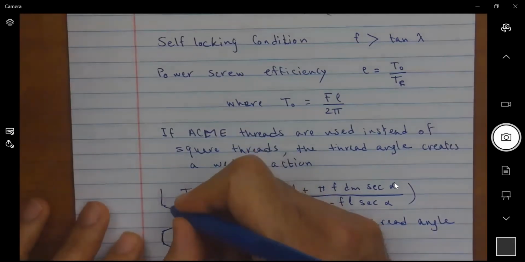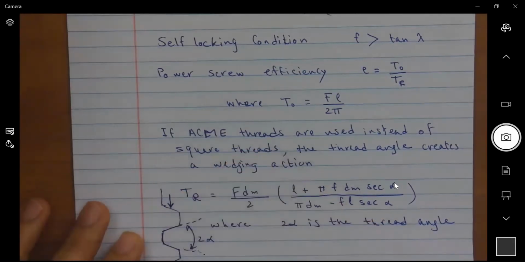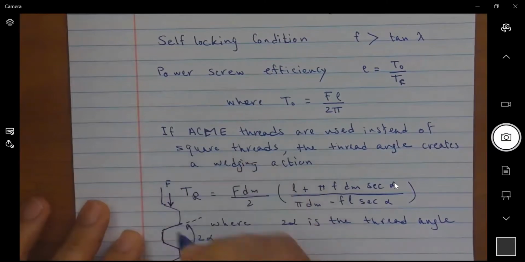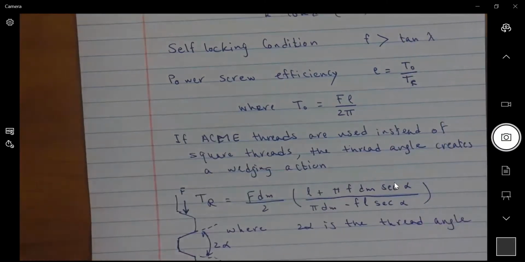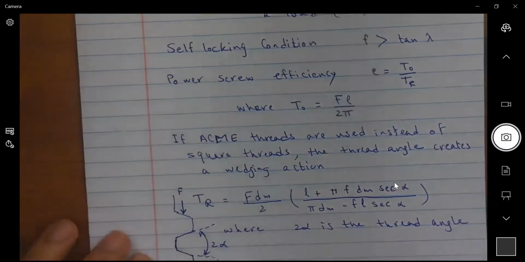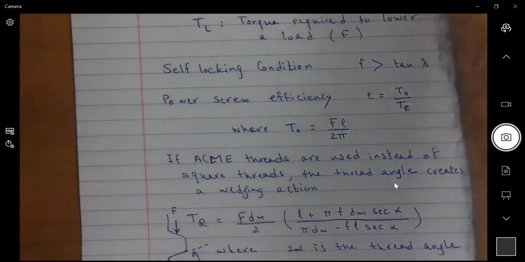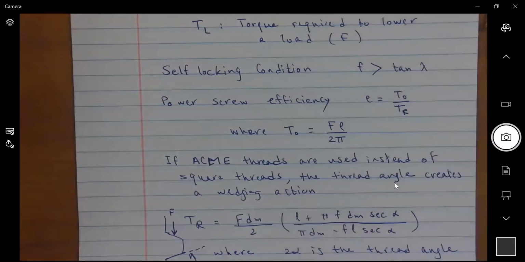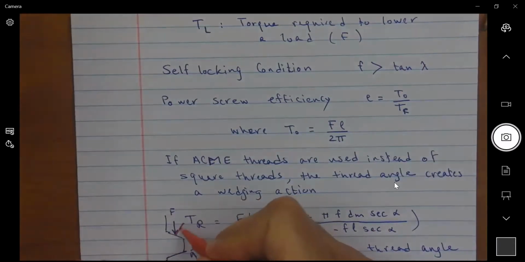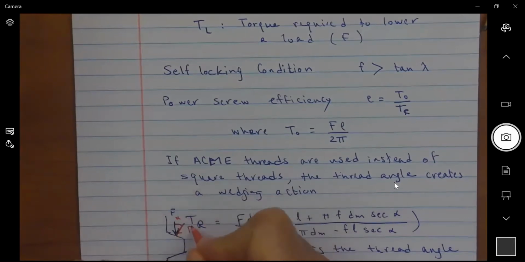So while the force F is pushing downwards, when we look at the normal component, this angle here now is alpha. I'm looking at F divided by cosine alpha.